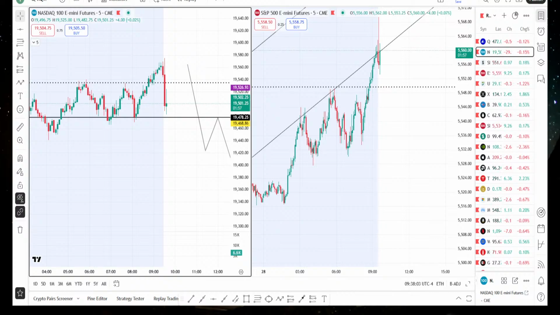Focus on the setup, the money will come. Bear with me here as I'm getting some things ready.